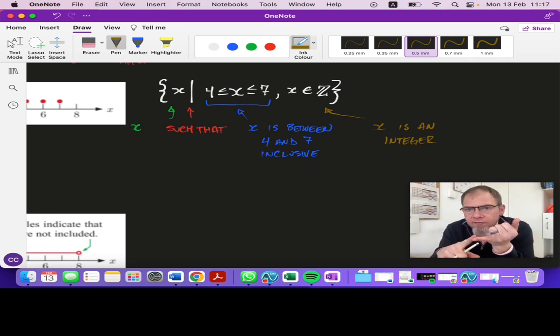You start with whatever variable you're defining. You then have that such that symbol, and then you're going to have the interval on which we're talking about. And last but not least, we have to define what values x could possibly be. So x as an integer would look something like that. Okay? So just defining it, that's where we're at.